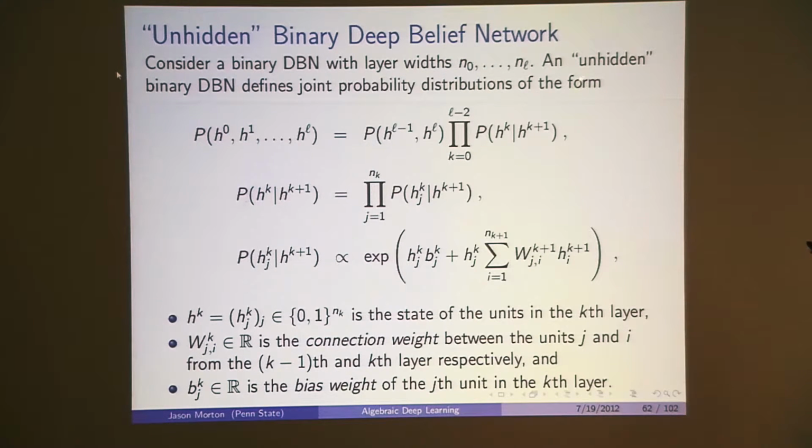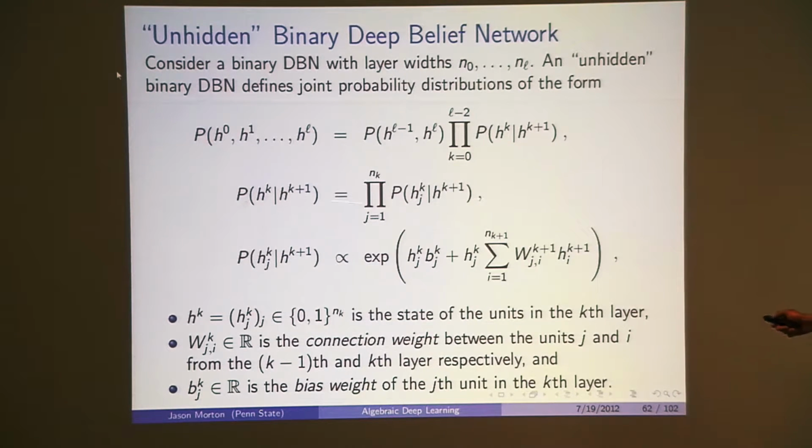So of course I can think about it as an unhidden thing. If I don't hide any of the variables, it defines a probability distribution, where h0 here is just the same as the visible. This is the visible layer. The probability of the whole stack can be computed as the probability of the associative memory on the top, the RBM, and then the product of all of the conditionals.